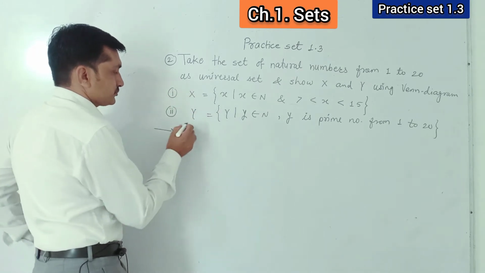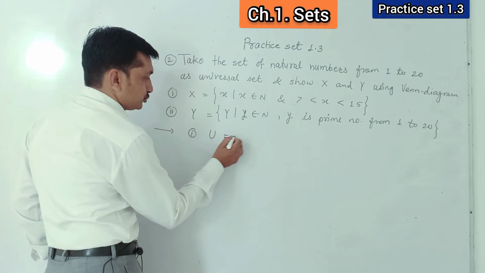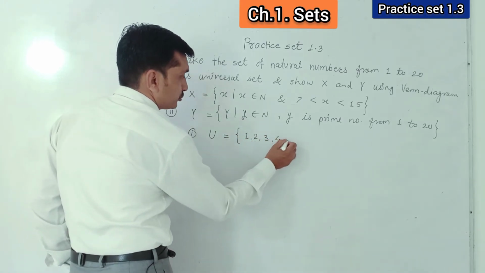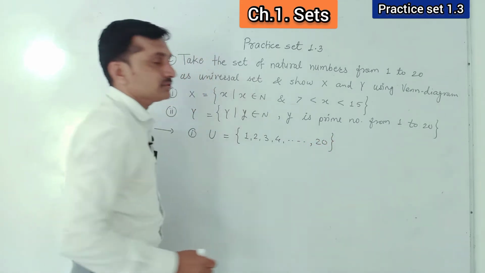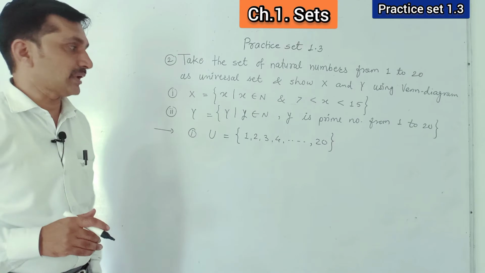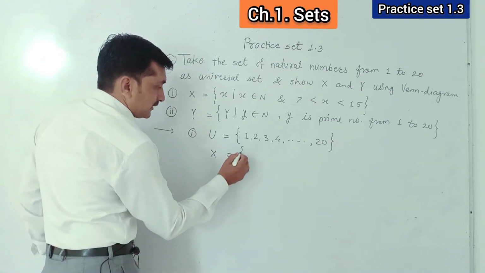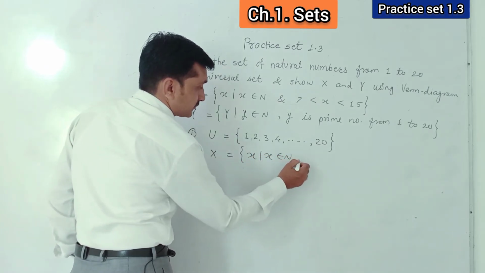Now first, U is equal to {1, 2, 3, 4, and so on,} and the last number I write here is 20. No need to write all elements in the curly bracket. Now X is equal to the set of all x such that x belongs to natural numbers.